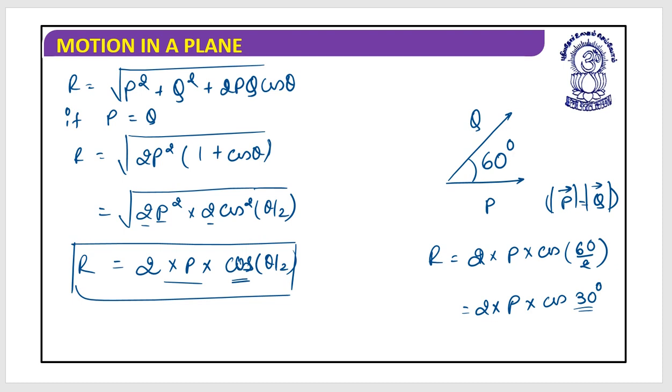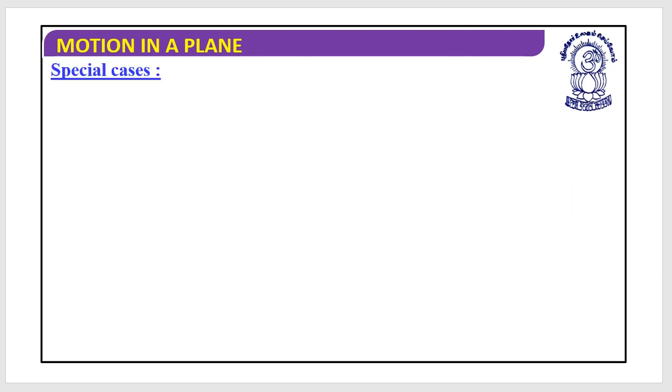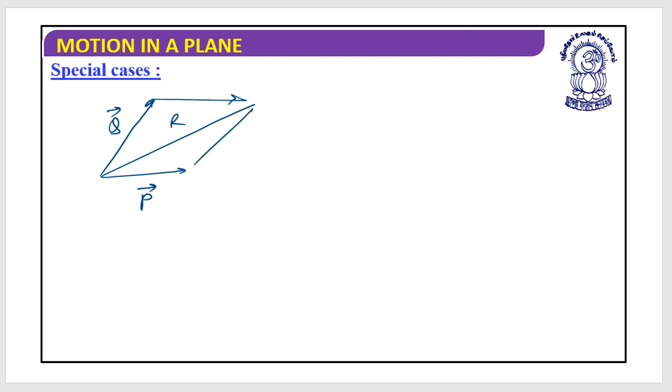But in this case, if I want to find out the angle also, what would it be? Let's have a look. These two are the vectors. Let's say this was p, this was q, this was our resulting vector, and we were doing something like this.